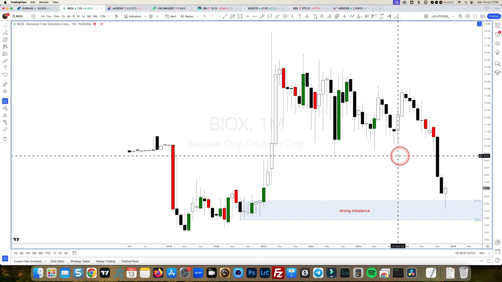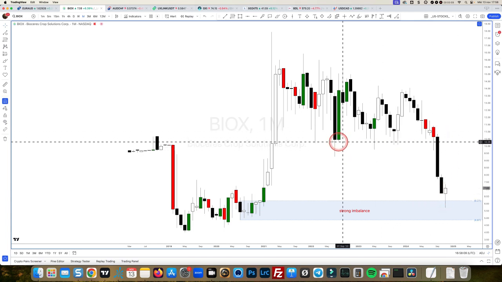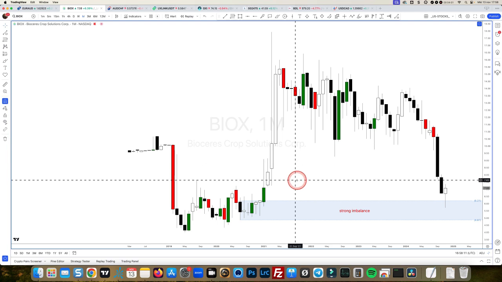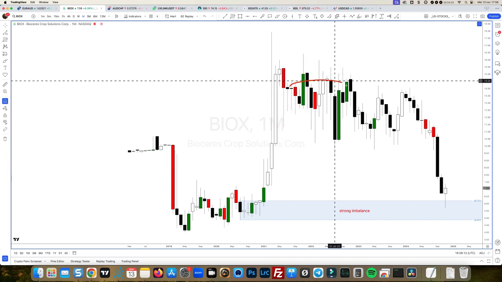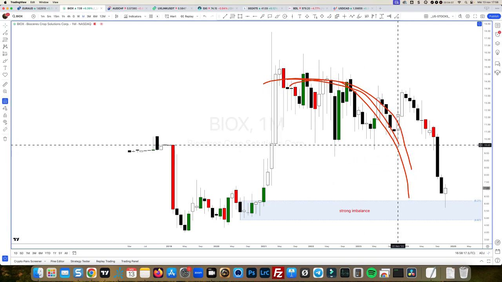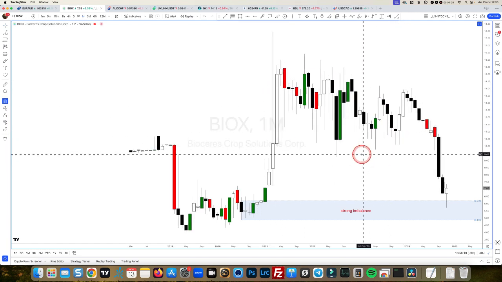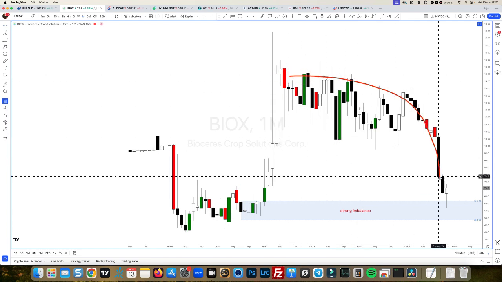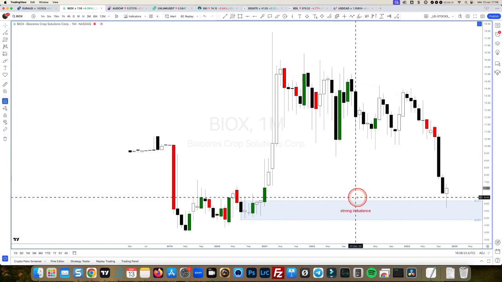So we can predict, okay, if you take into consideration price action and supply and demand, you can predict these movements. Obviously, the bearish impulse happened. This is a correction of 42 months, 42 candlesticks. We can predict this movement with a very high degree of accuracy, as you can see.